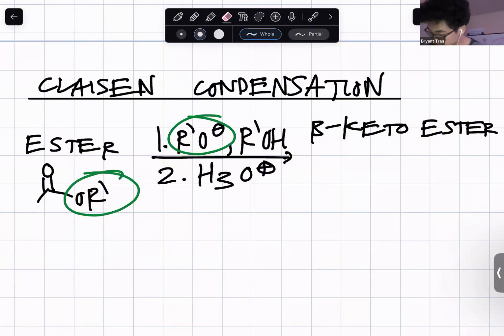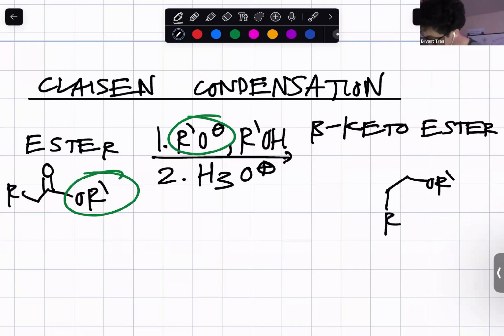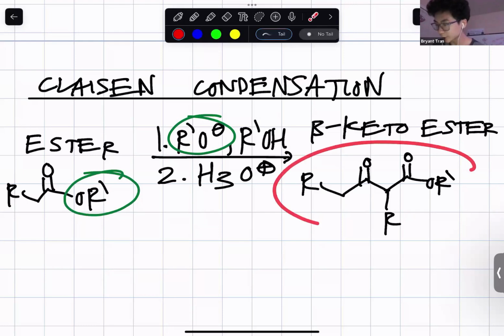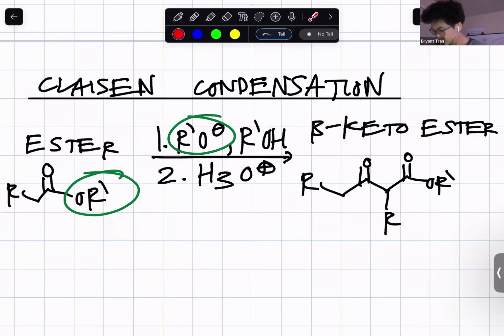Let's actually do that so that I could make it more clear what's going on. Okay, so this is a beta keto ester because we have an ester right here.